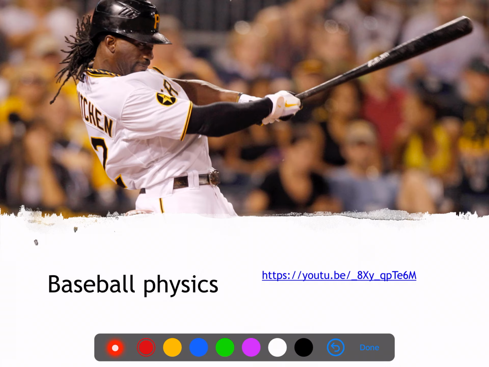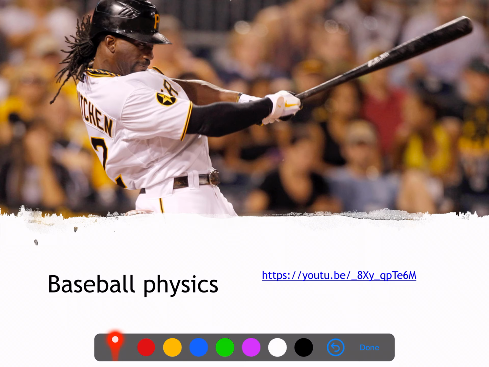Another fun application of this idea of projectile motion is to see what happens during a game of baseball. There's a lot of physics involved in the flight of the baseball, and you can actually go to this YouTube link if you want to look at all the details about that.